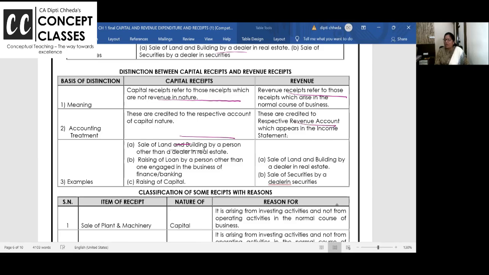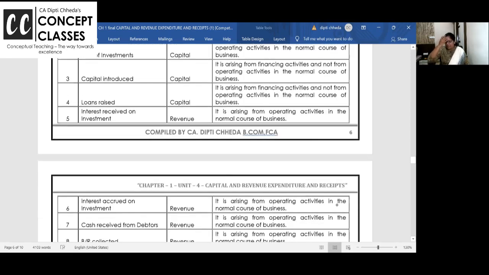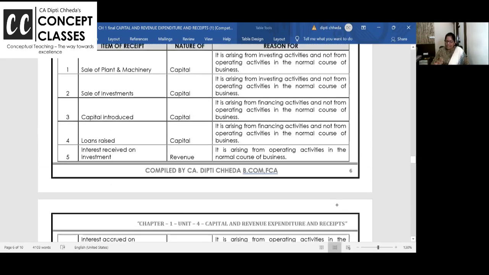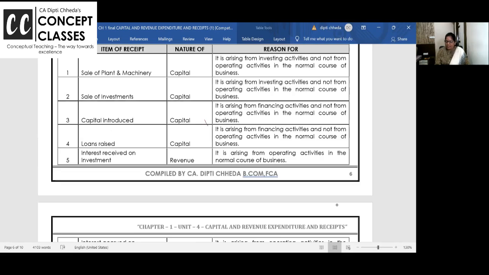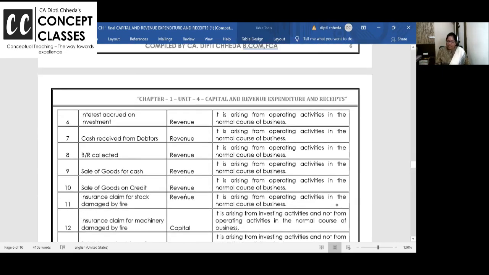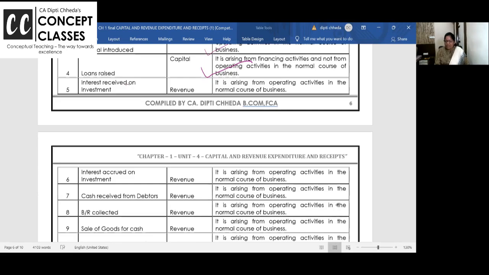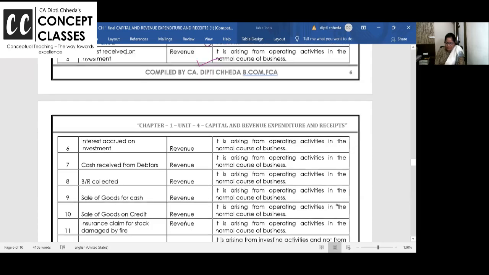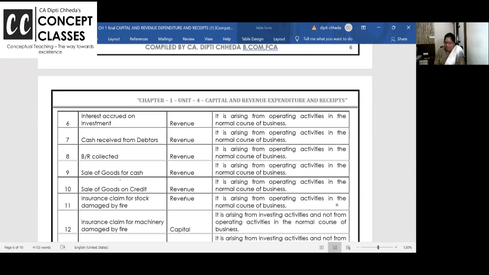Revenue receipts are credited to the revenue account, and some examples you can give. If you read this list, it will be very clear. Capital introduced is a capital receipt. Loan raised is a capital receipt. But if you have received interest on investment, it's your routine receipt. That interest is income only for this year. Next year again you will get interest. Sale of the goods is a revenue receipt.